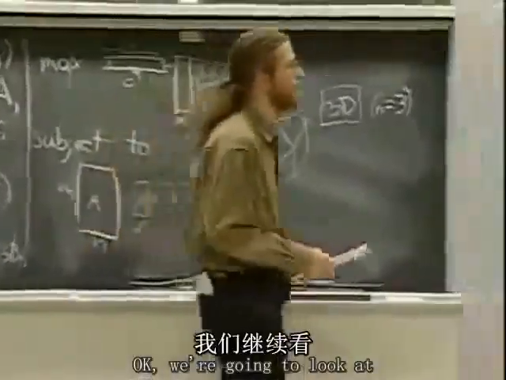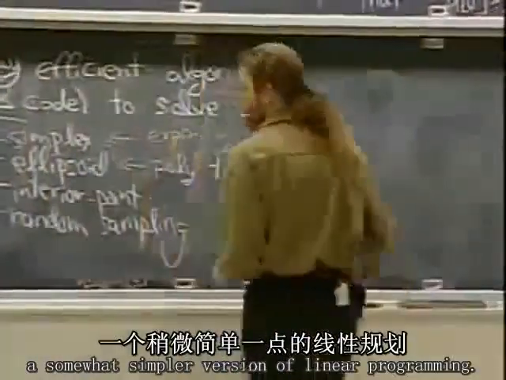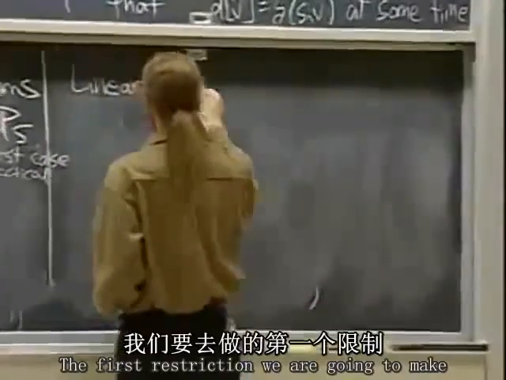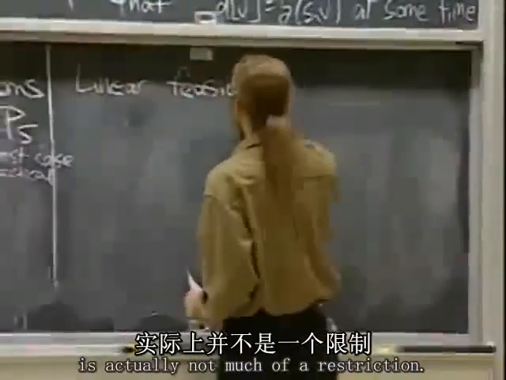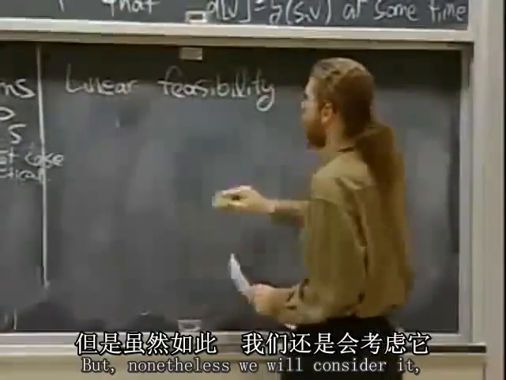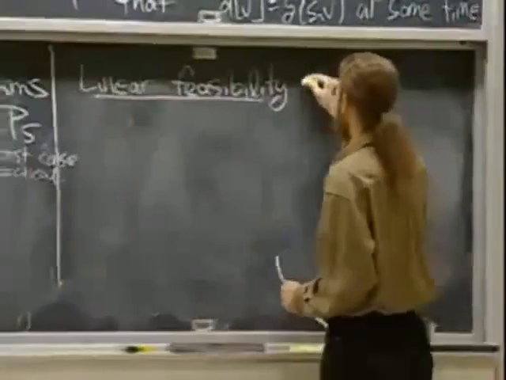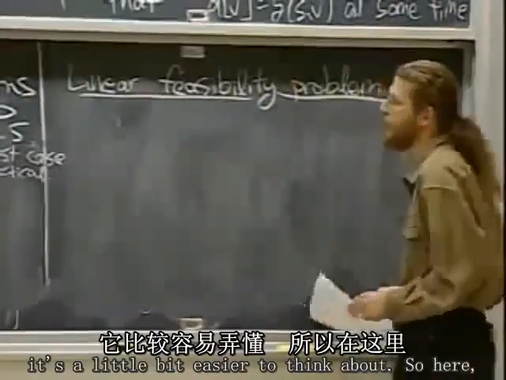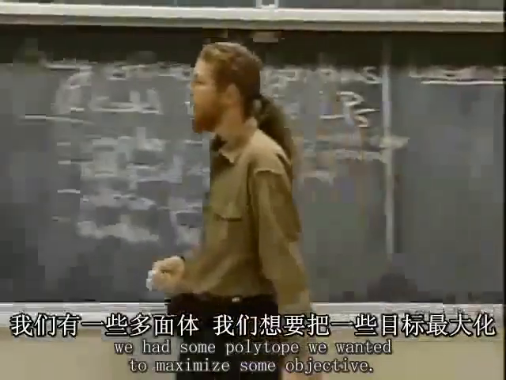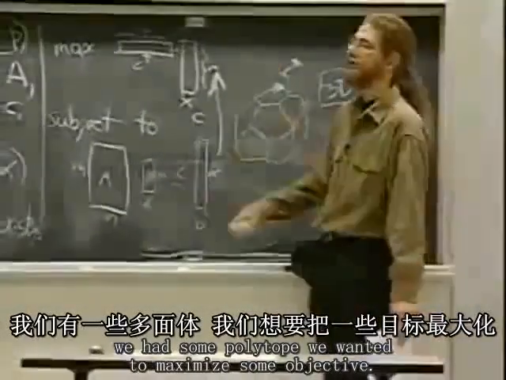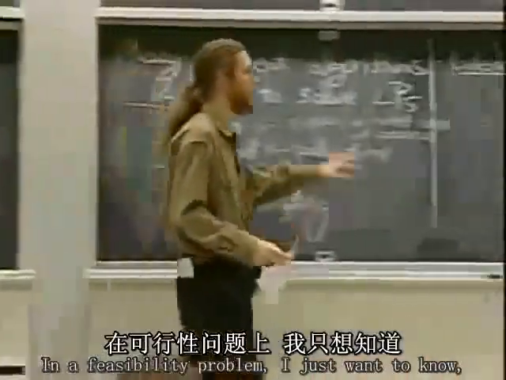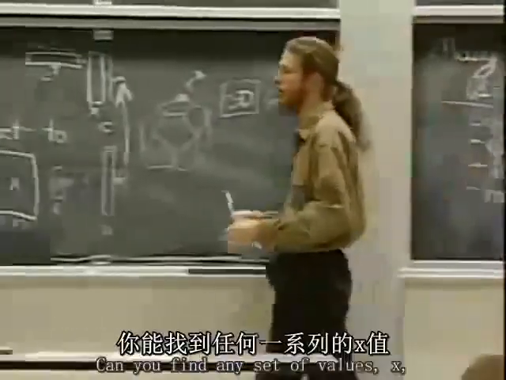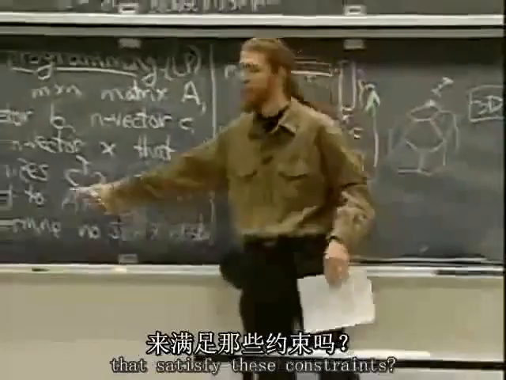Okay, we're going to look at a somewhat simpler version of linear programming. The first restriction we're going to make is actually not much of a restriction, but nonetheless we will consider it. A little bit easier to think about. So here we had some polytope where we wanted to maximize some objective. In a feasibility problem, I just want to know, is the polytope empty? Can you find any point in that polytope? Can you find any set of values x that satisfy these constraints?